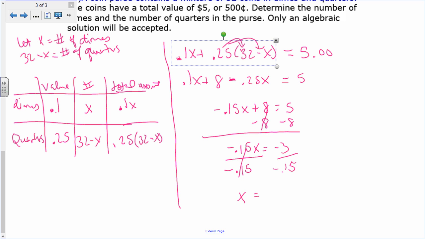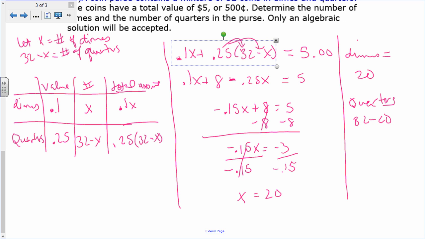So x equals 20. To answer my question, the number of dimes is 20, and quarters would be 32 minus the 20, which is 12. So 20 and 12.